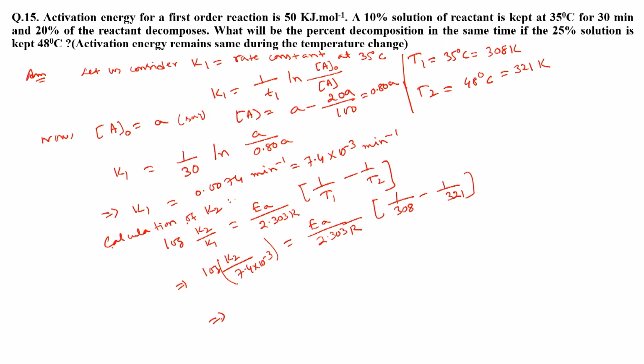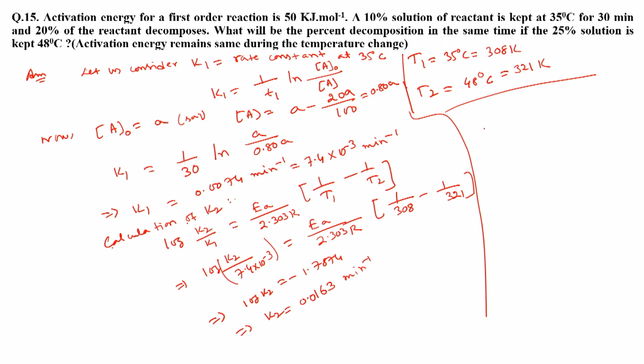If we calculate this, we get log K2 is minus 1.7874, or K2 is 0.0163 minute inverse. So we got the values of K1 and K2.